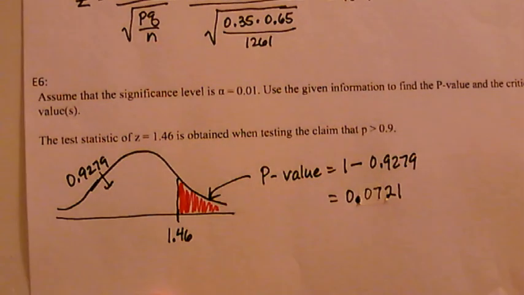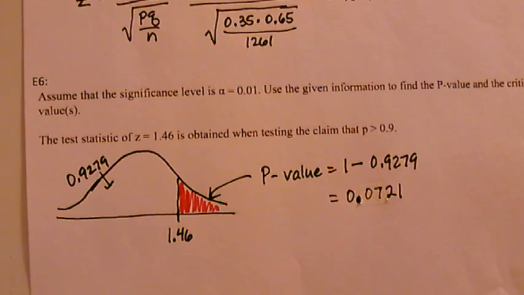So this right here, that's shaded in red, is your p-value. Okay? That represents the probability of getting a test statistic that is as extreme as the one that we've obtained from our sample data. 0.0721.